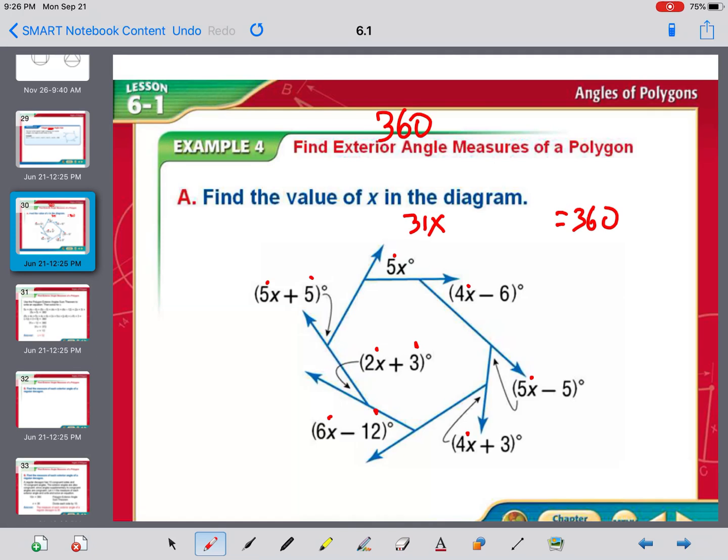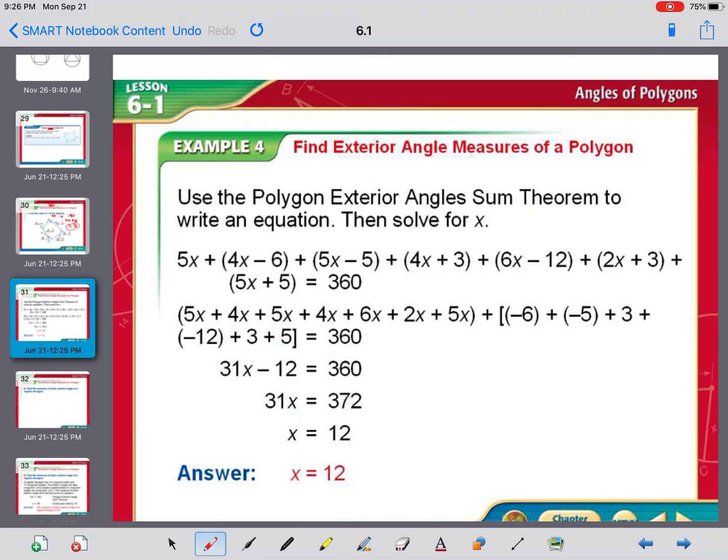Try it again. 5, 8, -4, -1, -6, -12. So 31x is equal to 372. X is equal to 12, I think. Yes.